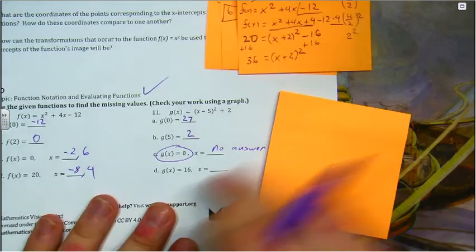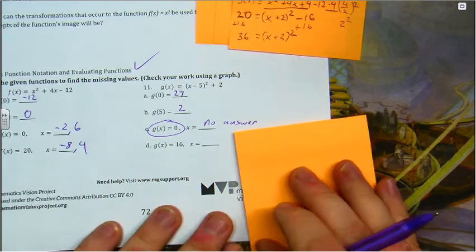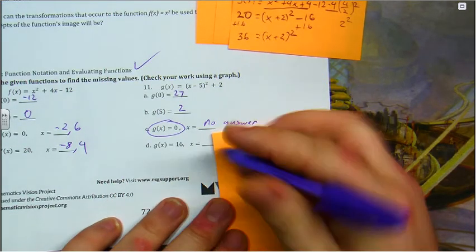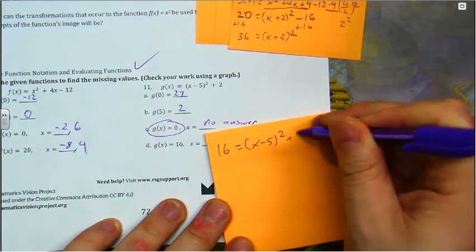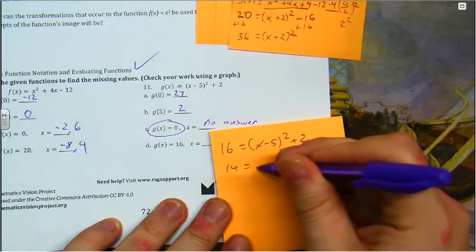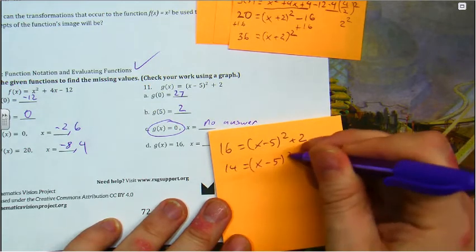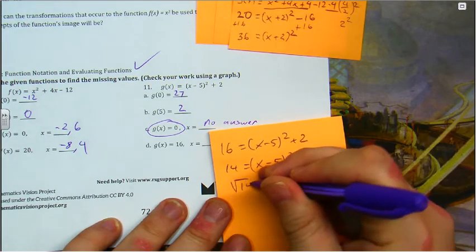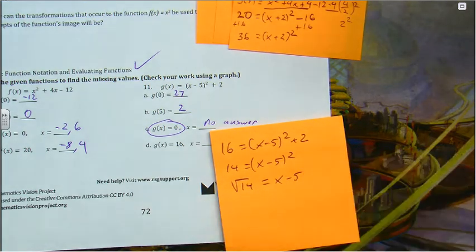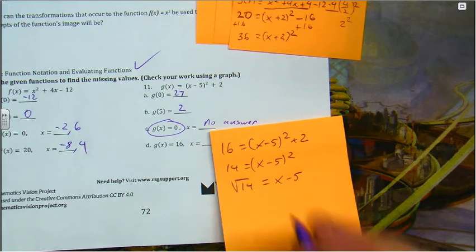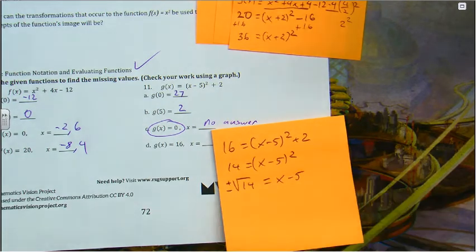Let's see if we can do it for 16. Let's see if there's a value for 16 that works. So 16 equals x minus 5 squared plus 2. 14 equals x minus 5 squared. Square root of 14 equals x minus 5. Now there's no nice and neat number that's the square root of 14, so we'll just call this plus and minus the square root of 14. We're not going to round it off into a long decimal.